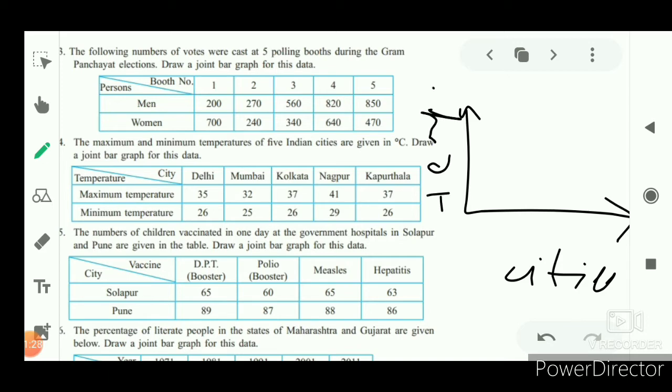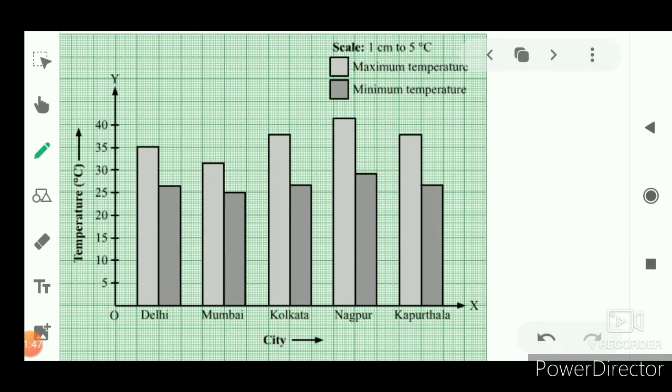Also for maximum and minimum temperature, we can take two different symbols, and we have to take a proper scale on this y-axis. So the graph of this question will look like this.